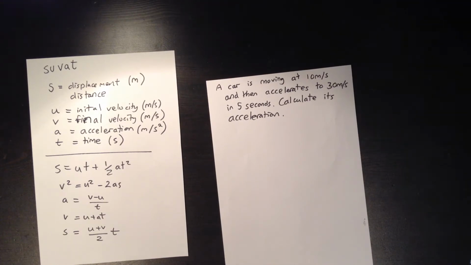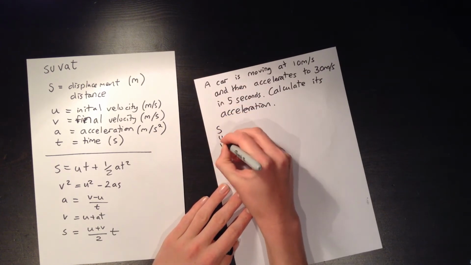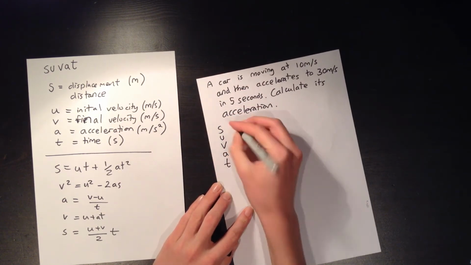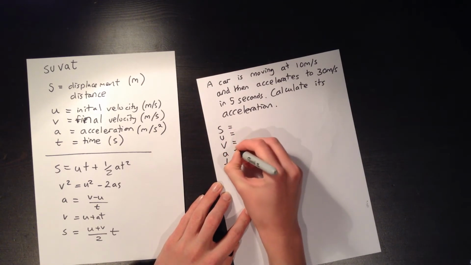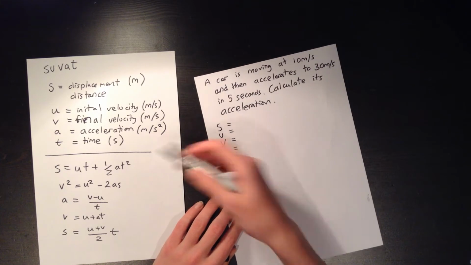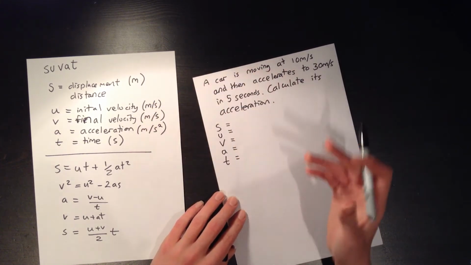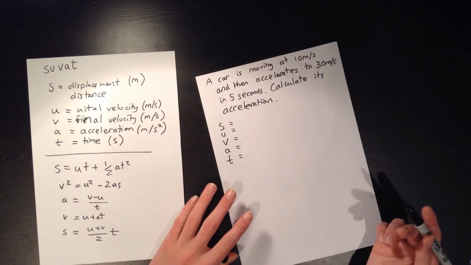Calculate its acceleration. Well, the first step, what you always need to do is write out SUVAT and see what you know of these. So S, distance or displacement, you don't know this. There's no mention of how many meters were travelled at all.